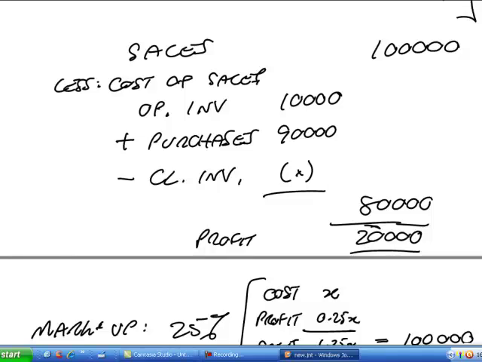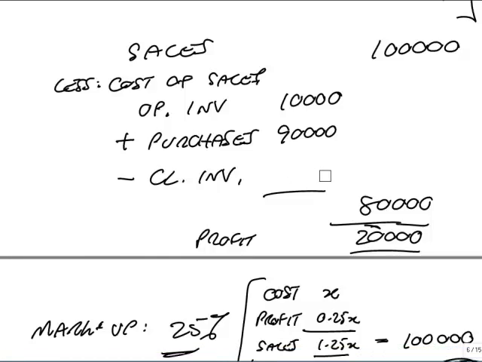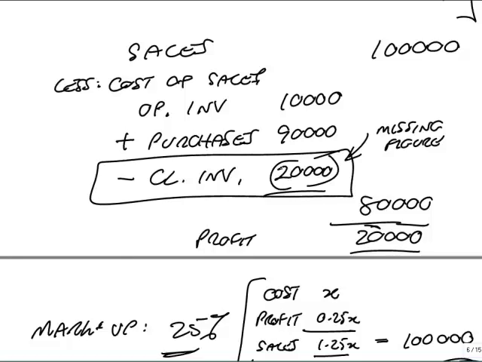Yeah, the missing figure. You had 10, another 90, we had 100,000. We only sold 80. The closing inventory must be 20,000.